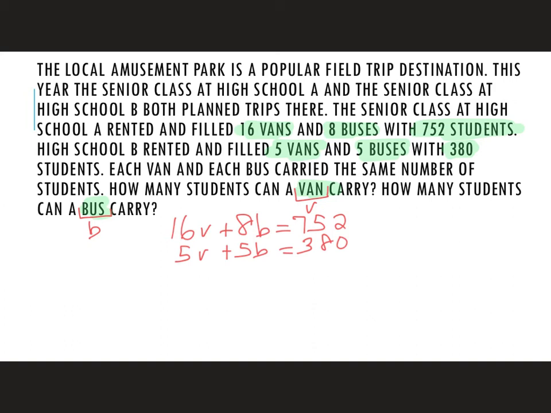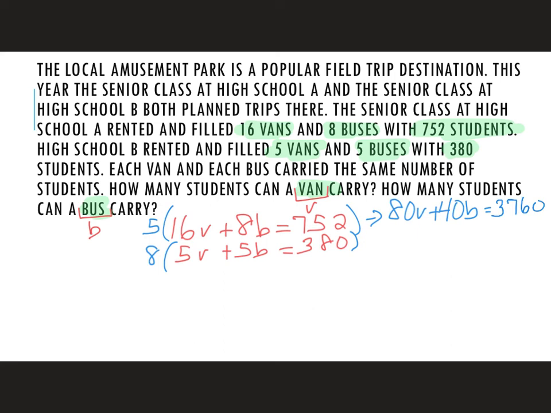So I'm going to try to make the B go away because I think it'll be a lower number. So 5 and 8 both go into 40, so I'm going to multiply the bottom equation by 8, the top equation by 5. So the top equation becomes 5 times 16 is 80V plus 40B equals 5 times 752, which is 3,760.